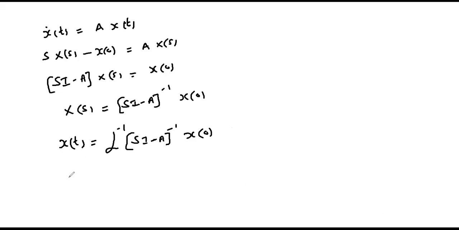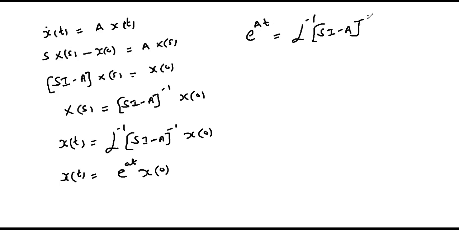The solution when A was a scalar was x of t equals e to the power At times x of 0. If we compare the two, then this term can be compared with e to the power At and can be written as e to the power At, with capital A for a matrix, given by the inverse Laplace transform of (sI minus A) inverse.